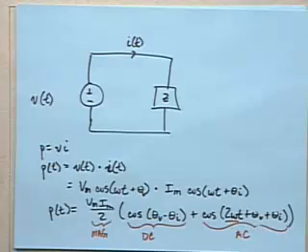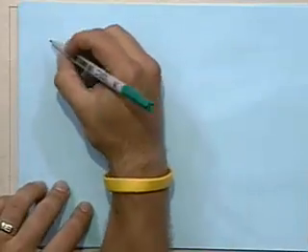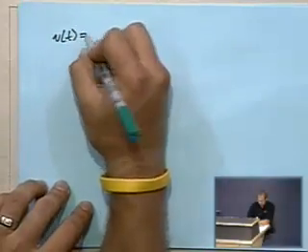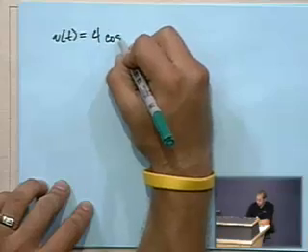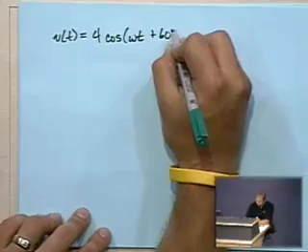And so if we were to put in some numbers, let's say we use the same basic little circuit, and let's let the voltage as a function of time be 4 times the cosine of omega t plus 60.